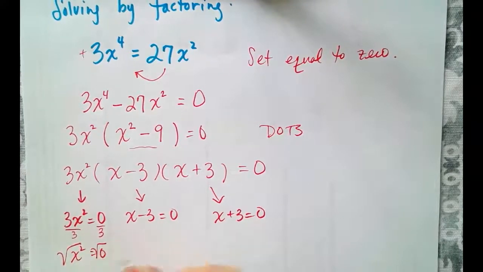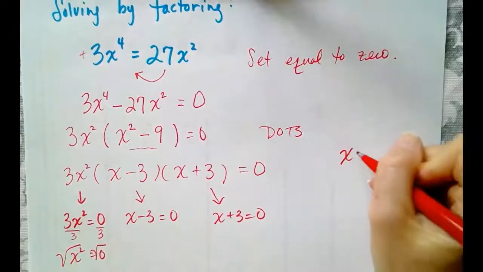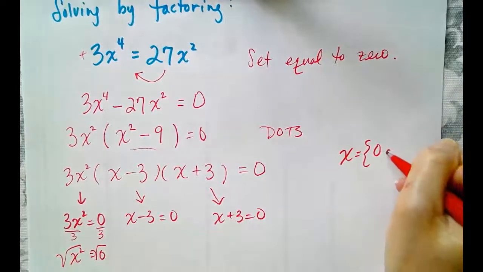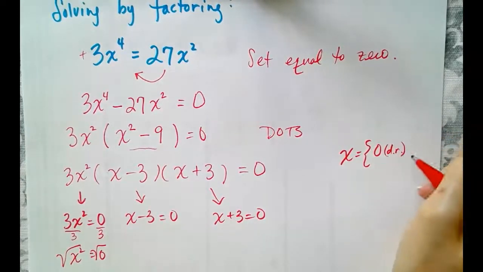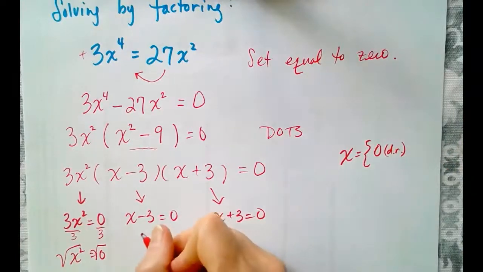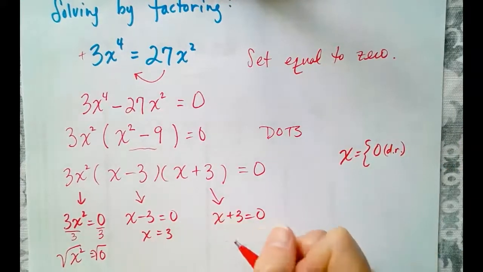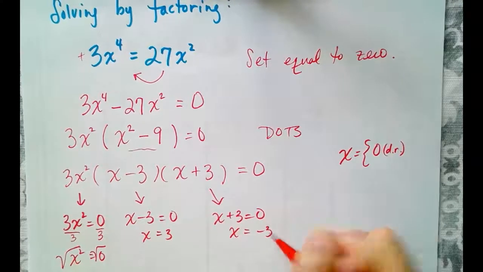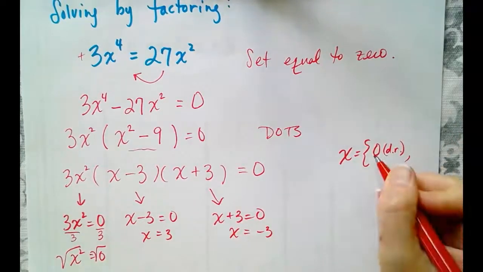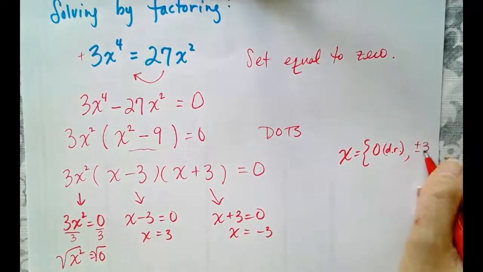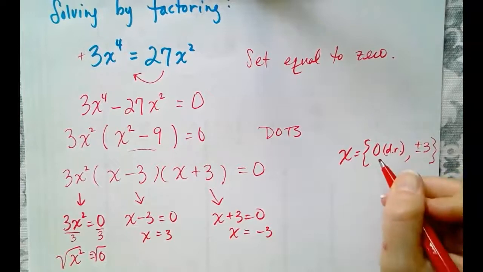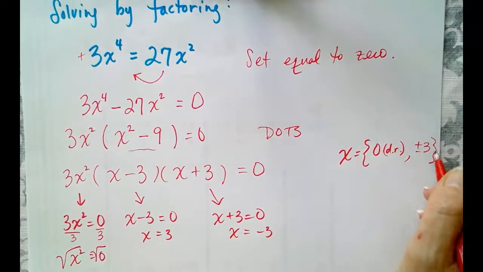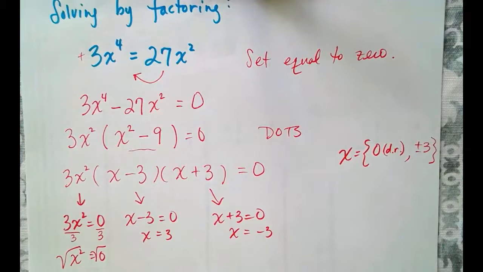Square root, square root. So x is 0 and 0 is a double root. Next, x equals 3, and of course x equals negative 3. So 0, 0, and then positive 3 and negative 3. 4 roots here: a double root of 0, positive 3, and negative 3.